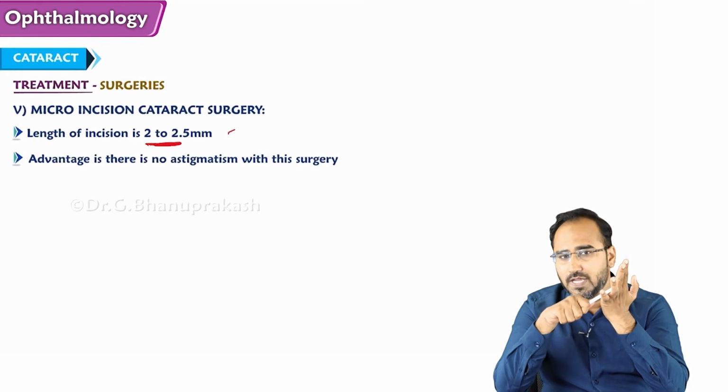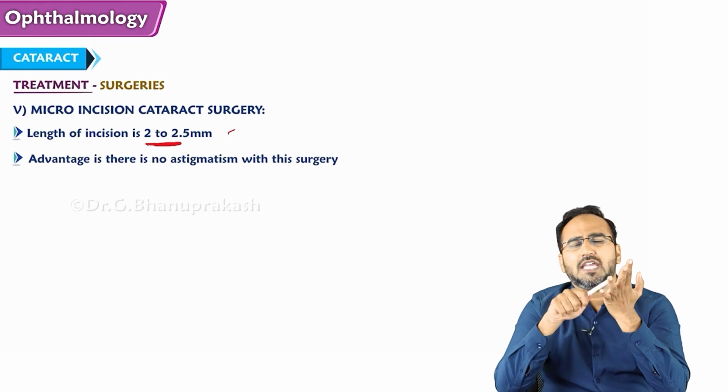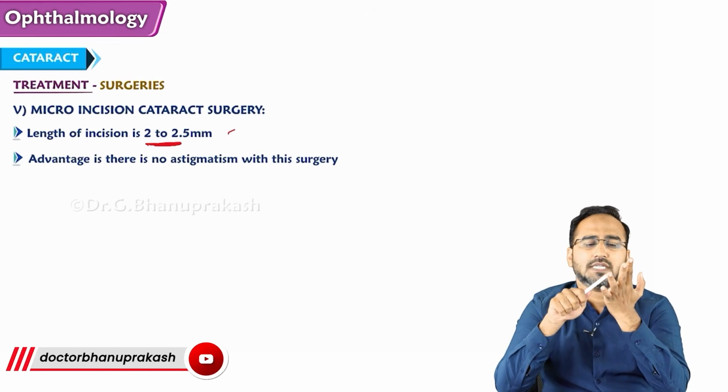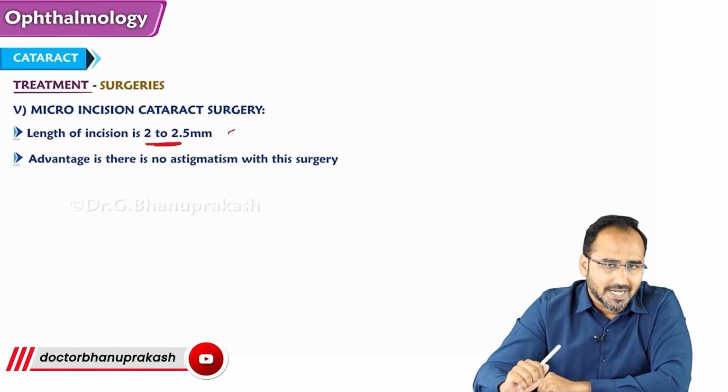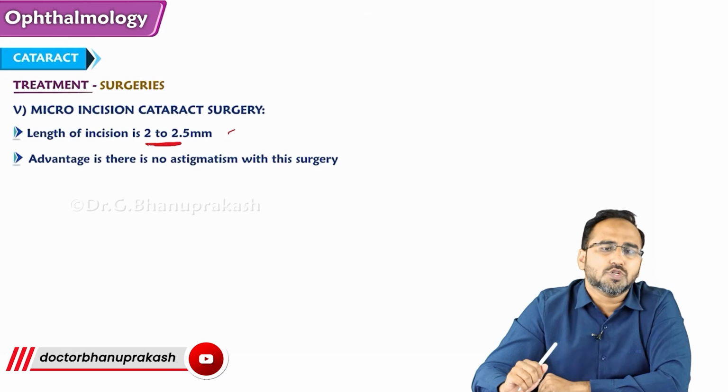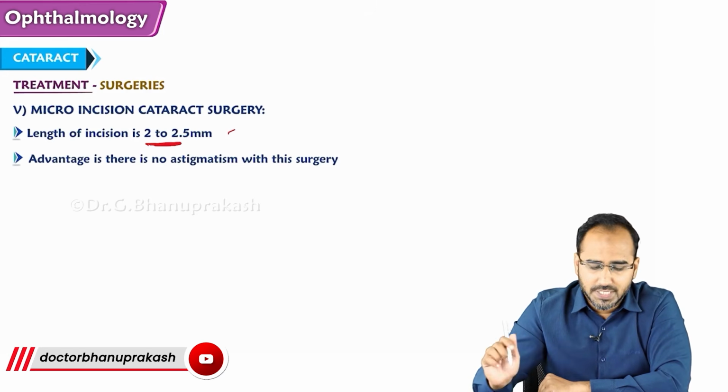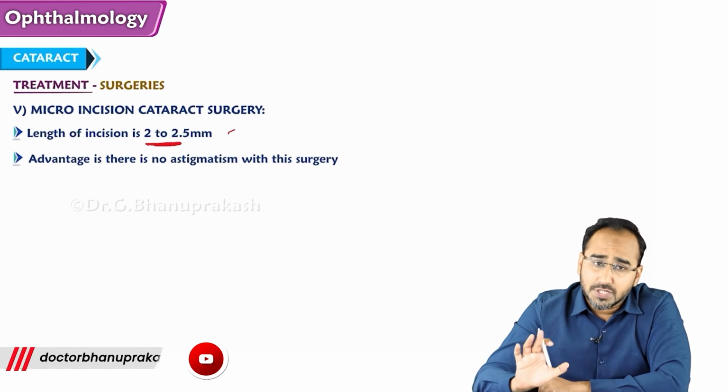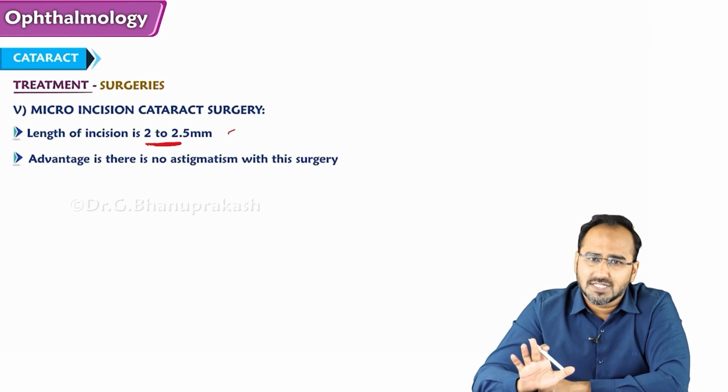In phaco, the incision is 3 mm, but wound-related astigmatism can again be seen. Last is micro-incisional cataract surgery, where the incision is 2 to 2.5 mm and there is no astigmatism. So this was the cataract surgeries.